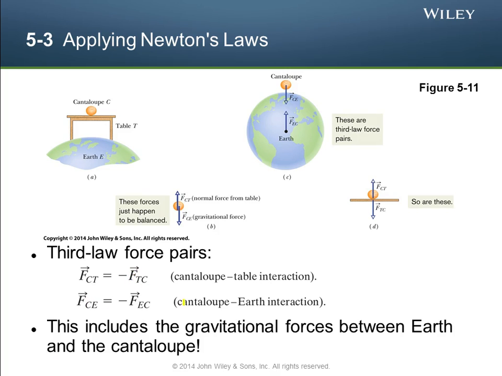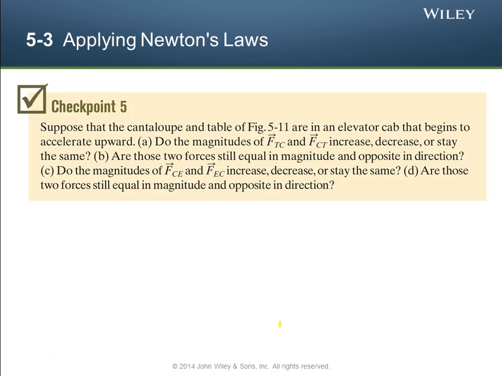But then there's also the interaction between the Earth and the cantaloupe. The Earth pulls on the cantaloupe, but the cantaloupe also pulls on the Earth. So any force is going to have a Newtonian pair, even friction, and that gets a little crazy a little later, but every force has a Newtonian pair.